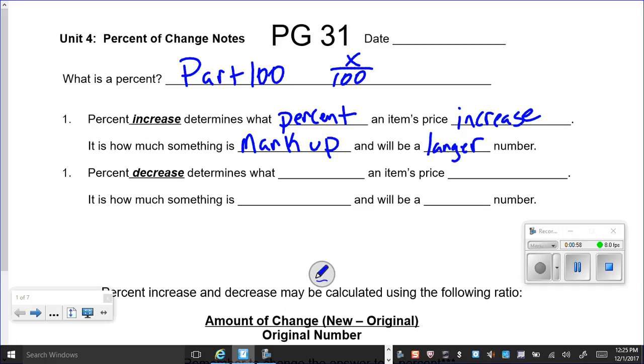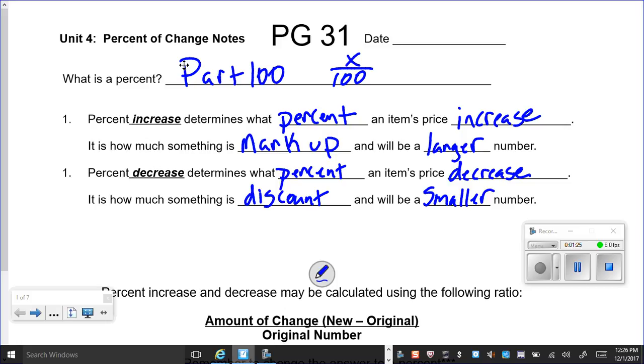Now the percent decrease determines the percent an item's price will fall or decrease. When you are given a decrease, it's discounted, and when you are given a discount, the price will most likely be a smaller number.